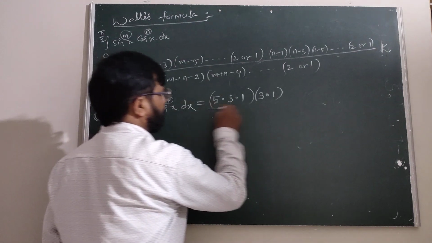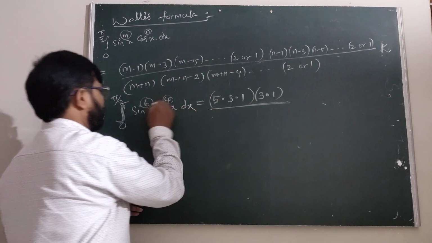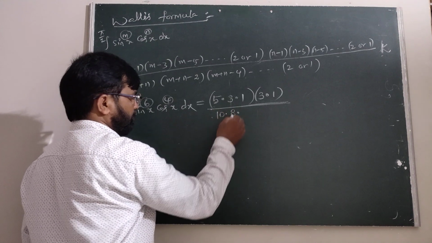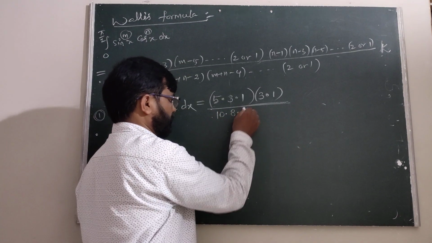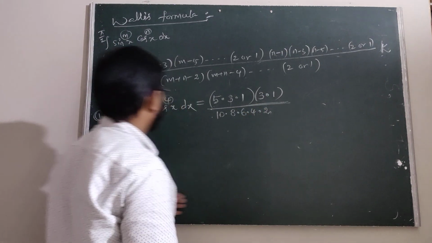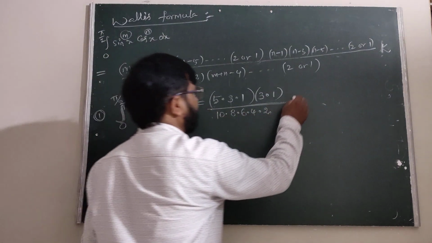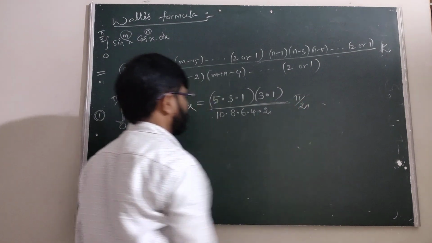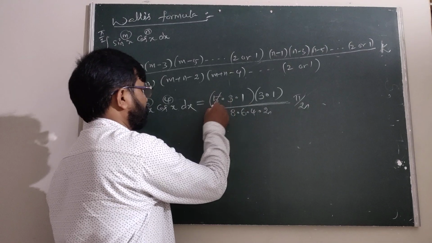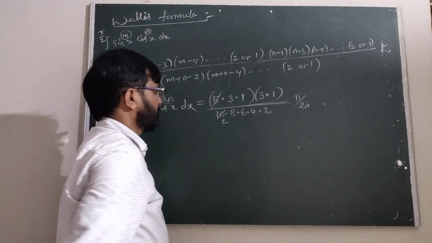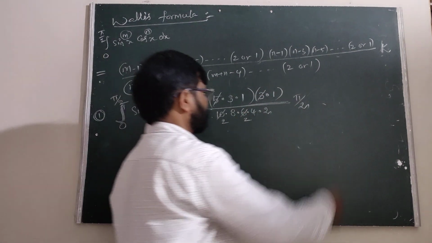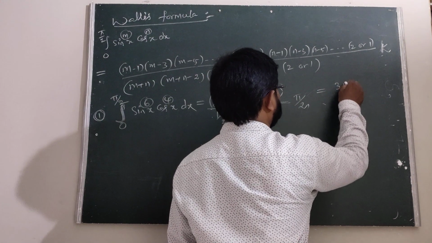Then for m plus n, which is 10: 10 minus 2 is 8, 8 minus 2 is 6, then 4, then 2. Both are even, so we take pi by 2. The numerator has 5, 3, 1 and 3, 1, so that gives 3 pi.